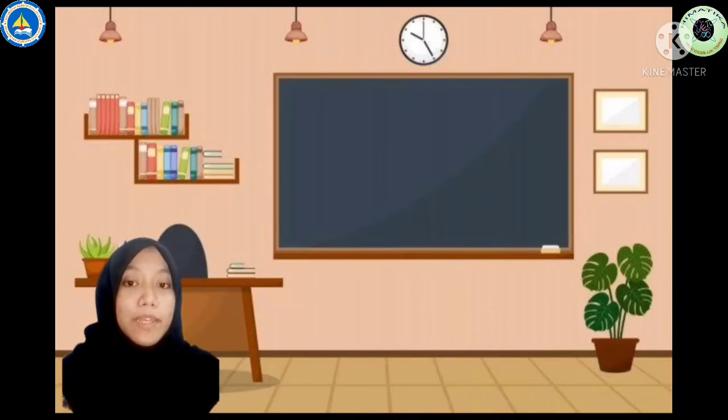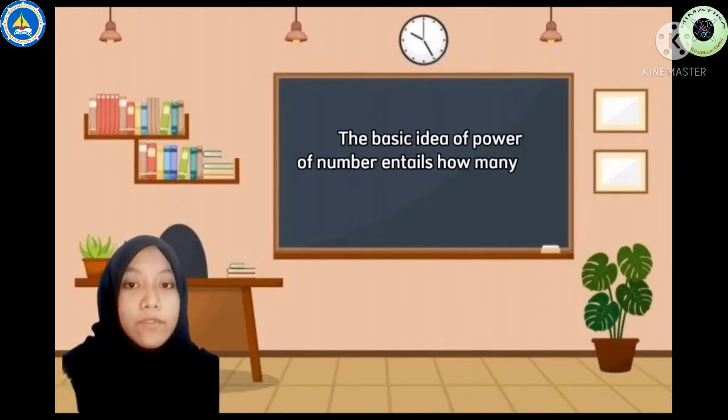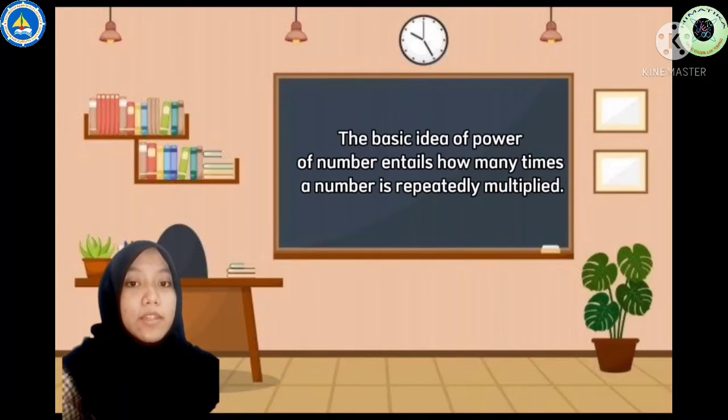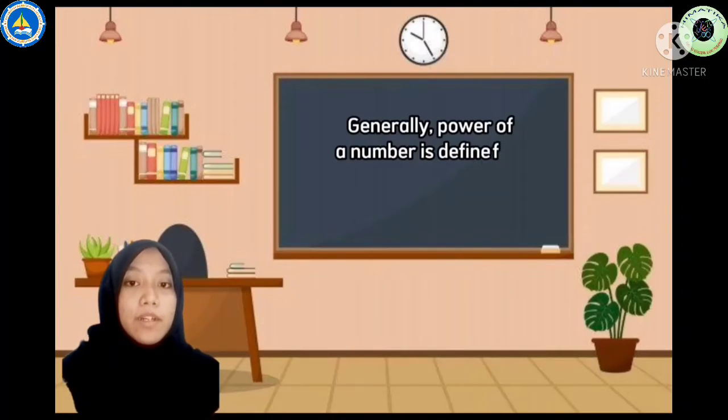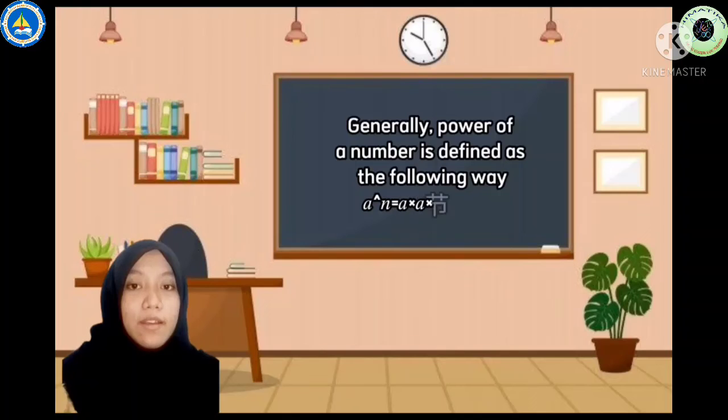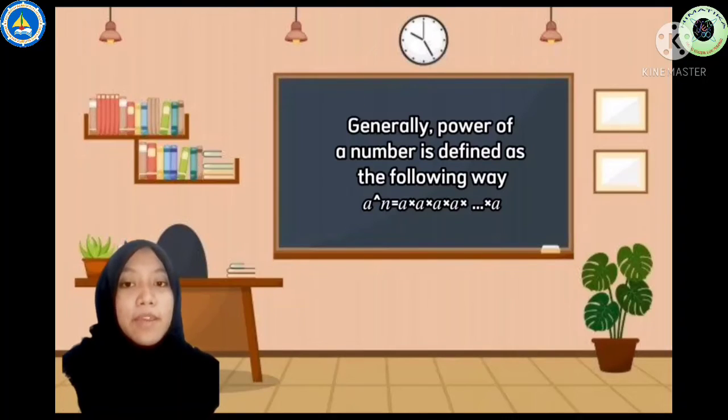Okay, next topic is power. The basic idea of power of number tells how many times a number is repeatedly multiplied. Generally, power of a number is defined in the following way: a to the power of n equals a times a times a, and so on.